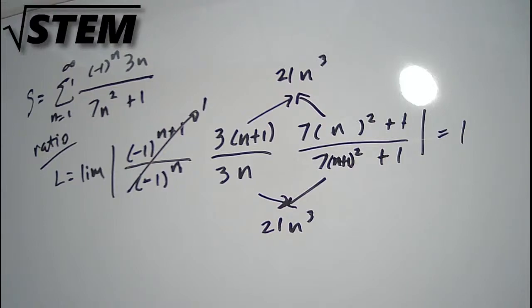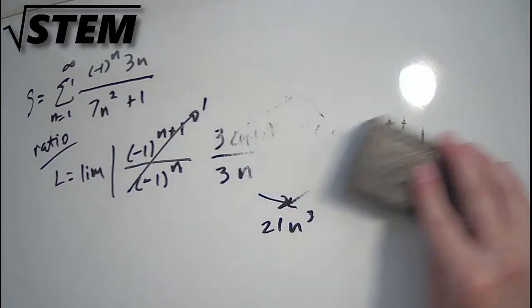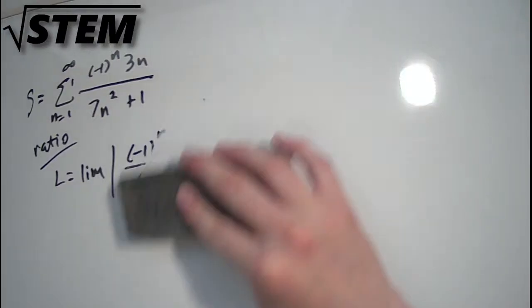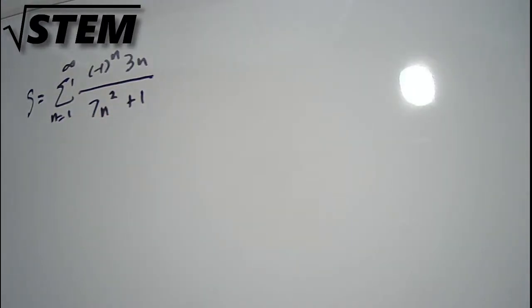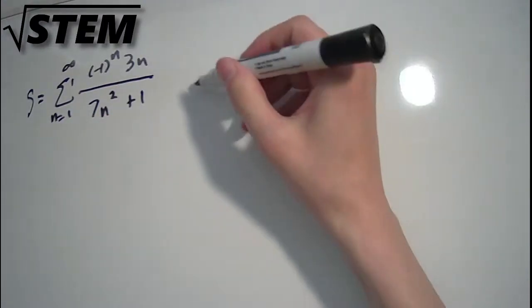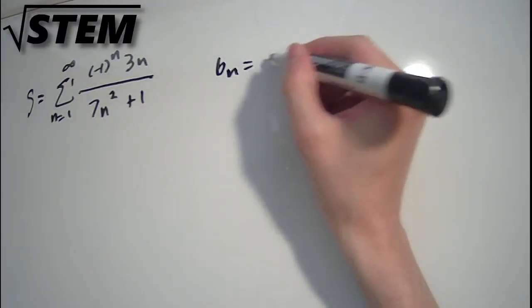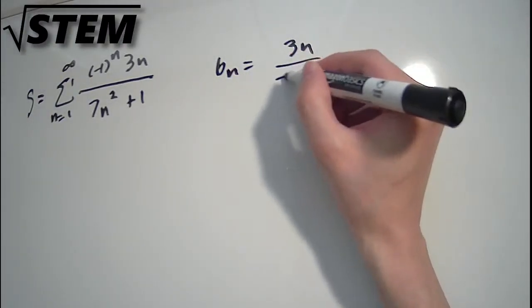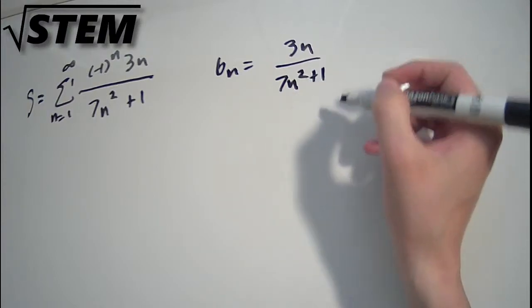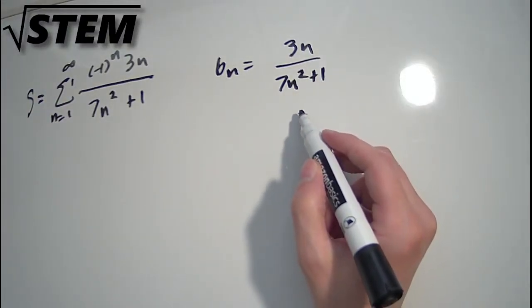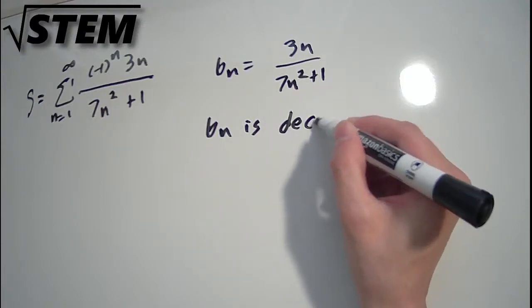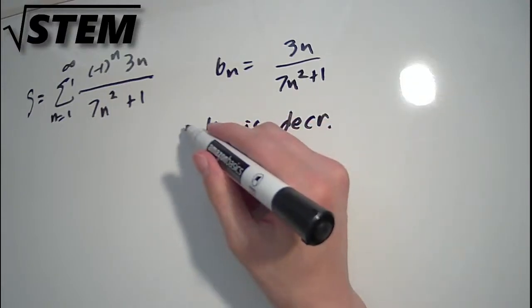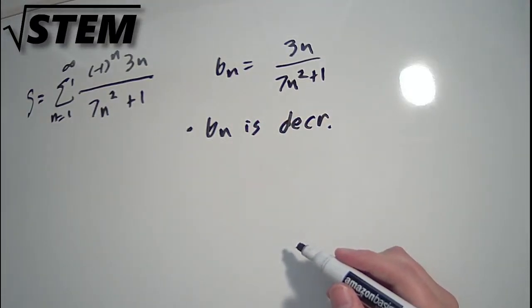I think we can do the alternating series test though. If we say b_n equals 3n over 7n squared plus 1, we can say that b_n is decreasing. That's one thing we need.